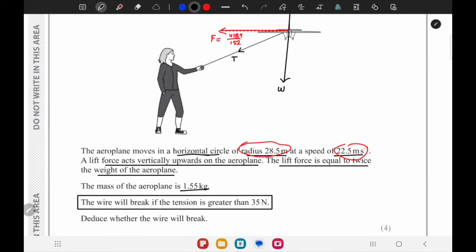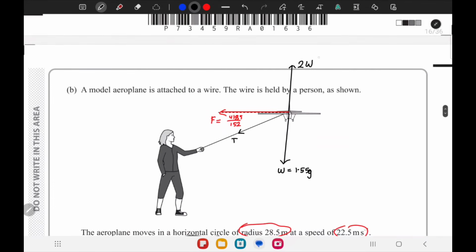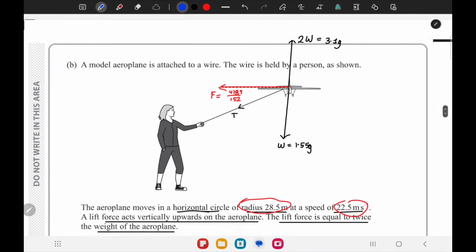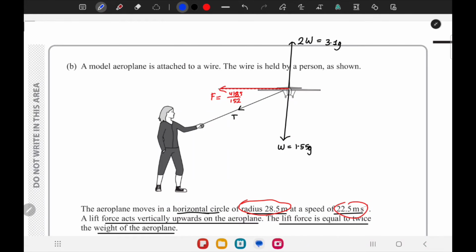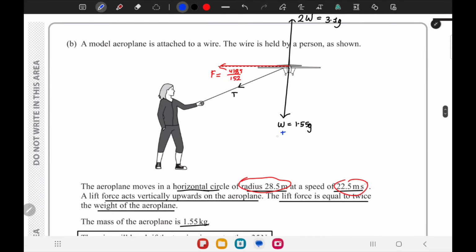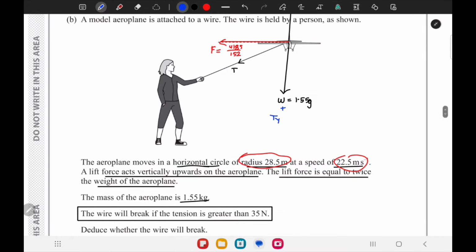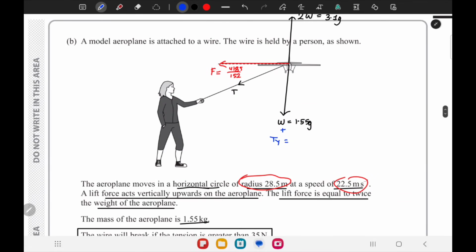Now the weight would be equal to 1.55 g and the lift force would be 3.1 g. Since it's moving in a horizontal motion, the vertical component of T, so this vertical component of T or Ty, this would basically be the weight or 1.55 g.